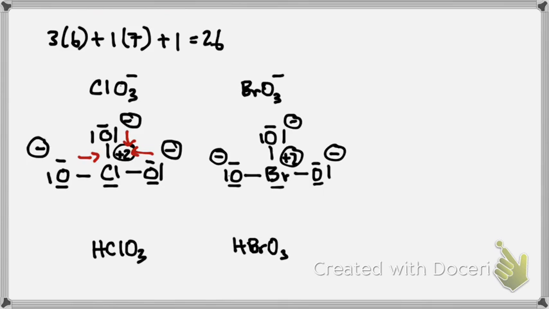It pulls electron density away, allows it to be more stable, lowers its energy. And so it takes less to release the hydrogen. It's easier for it to release the hydrogen to the water.